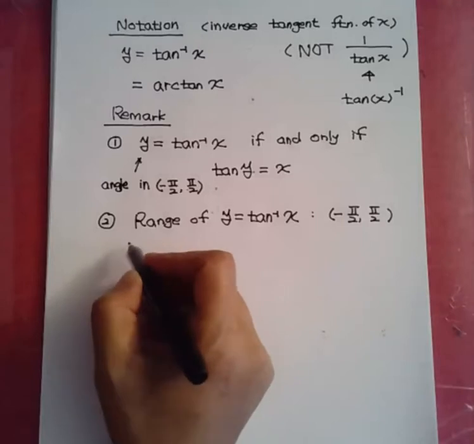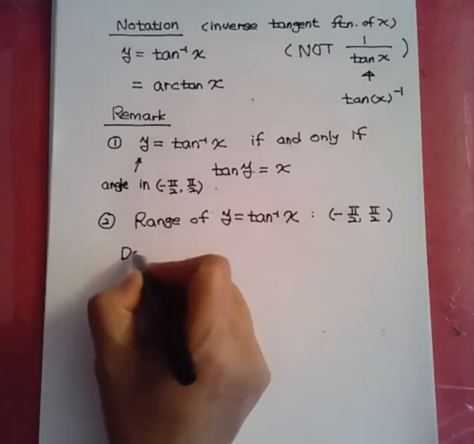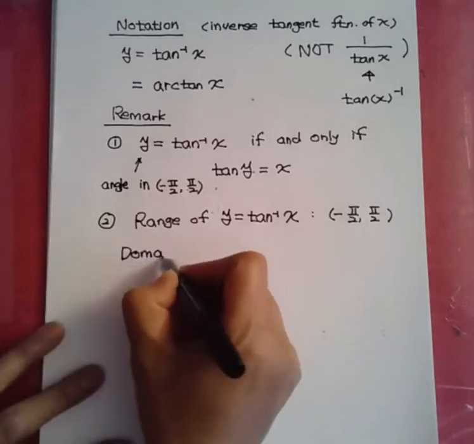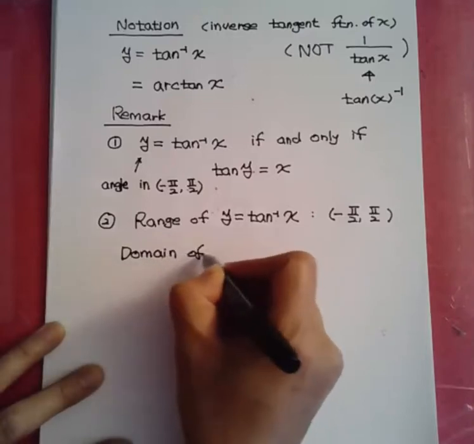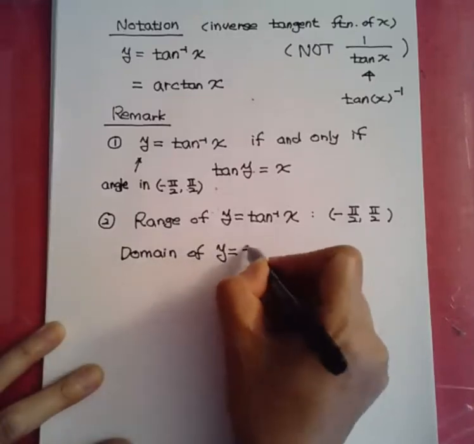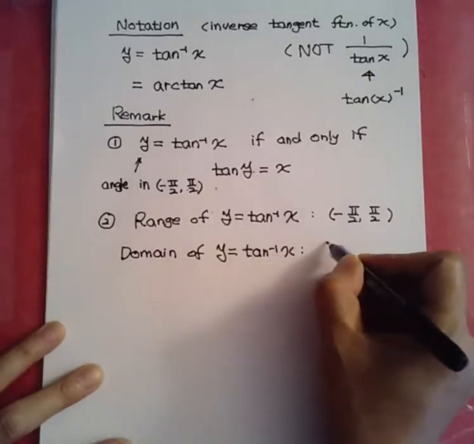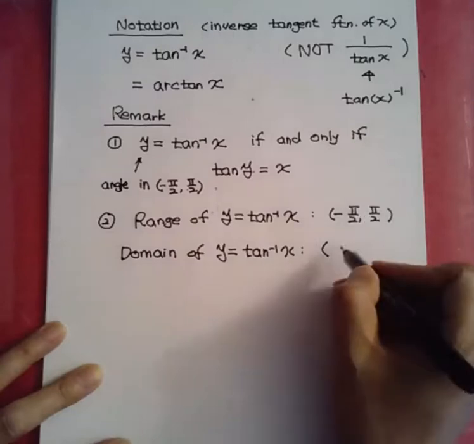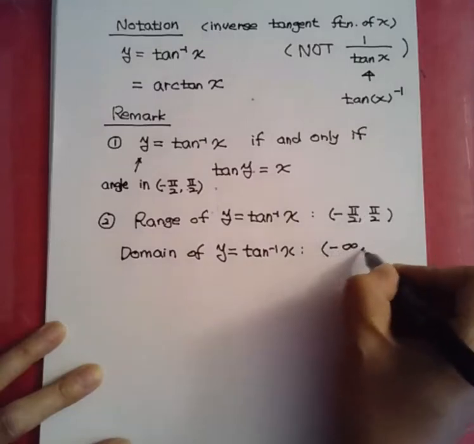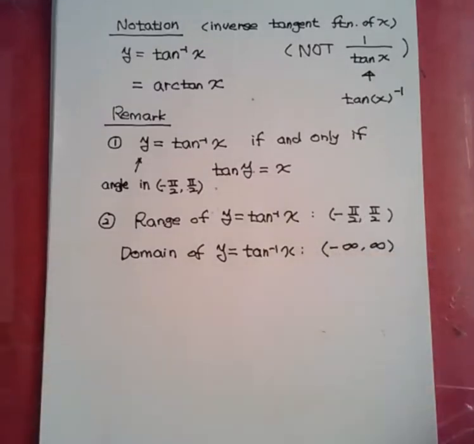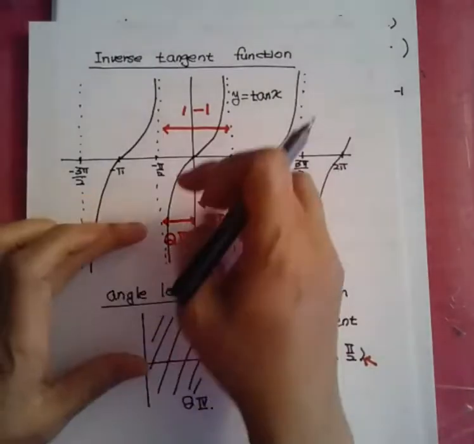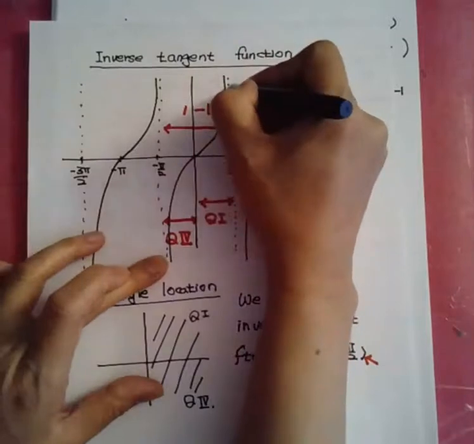The domain of the inverse tangent function came from the range of the tangent function because we are switching x and y. So that becomes minus infinity to infinity.